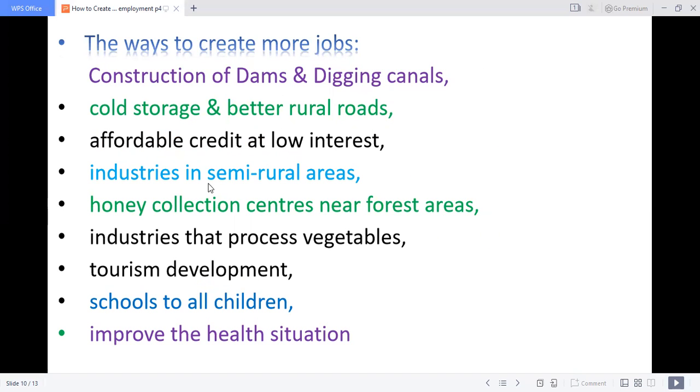Industries in semi-rural areas will provide employment to rural people. Honey collection centers near forest areas will help forest people bring and sell their honey. Also industries that process vegetables, tourism development, and schools for all children, and improving the health situation. These are all long-term processes.